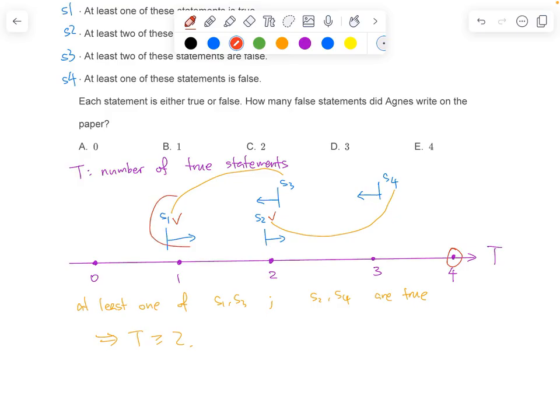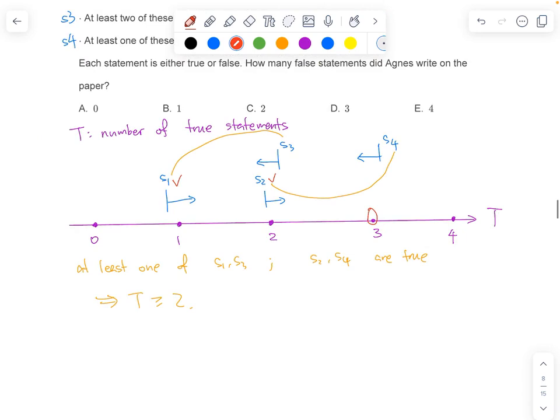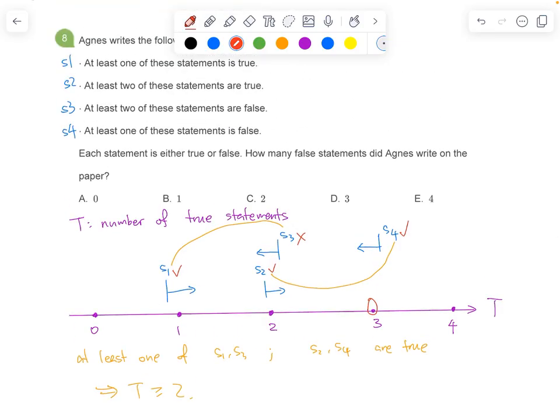All four statements are supposed to be true, but S3 and S4 are not true. So we can only let T be 3, and in this case, S4 is true, but S3 is false. So then T is 3. As a result, the number of false statements is just 1. So the answer is B.